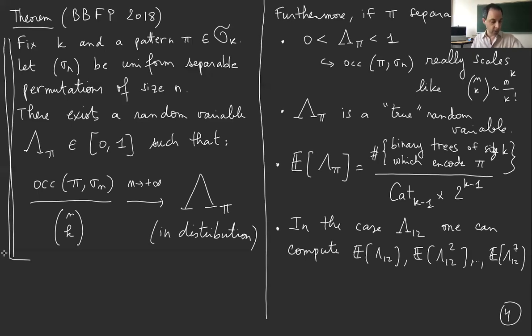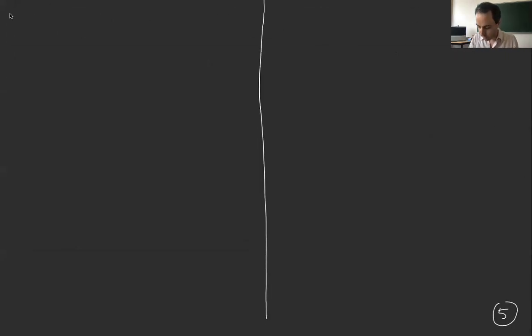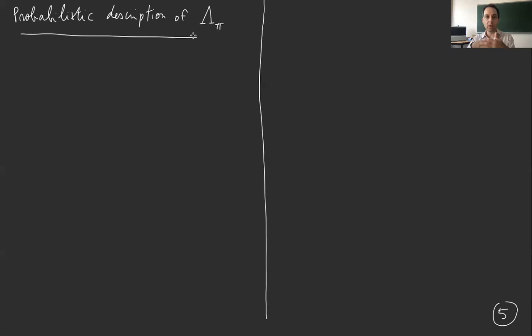So I will try to give you a probabilistic representation of lambda pi in a very informal way. So, probabilistic description of lambda pi. Okay, so let's take a sample of the CRT, the continuum random tree.